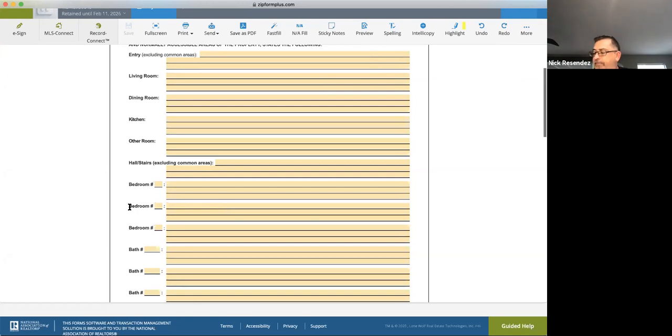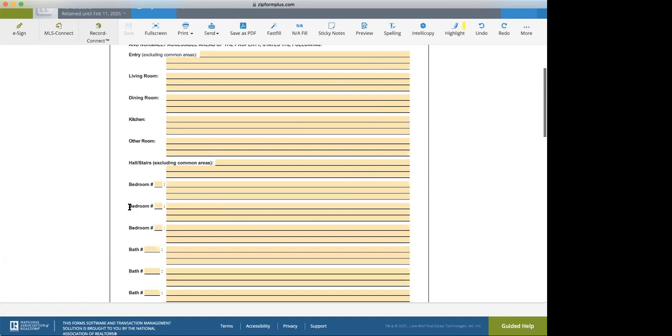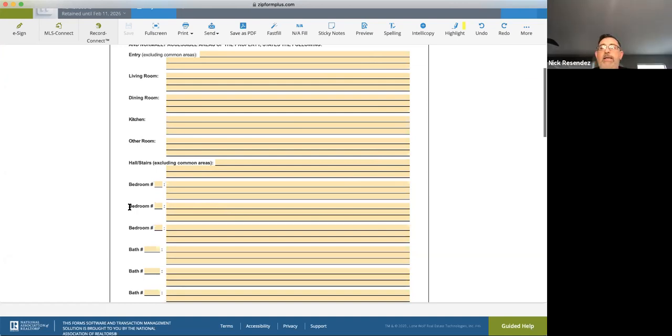And then secondly, never use adjectives to describe the property. So we're not going to say good, bad, big, small, etc. Right? If you see a crack on the ceiling, you're not going to say there was a big crack on the ceiling. You're going to say there was a crack about 3 feet long, starting from the chandelier heading west. You're going to be very specific and descriptive.